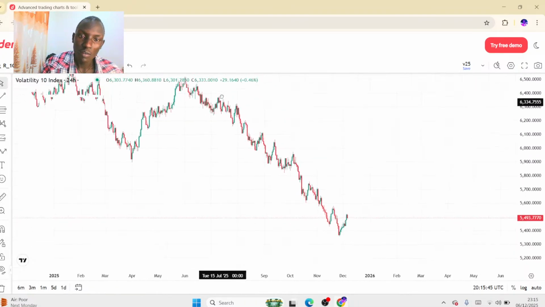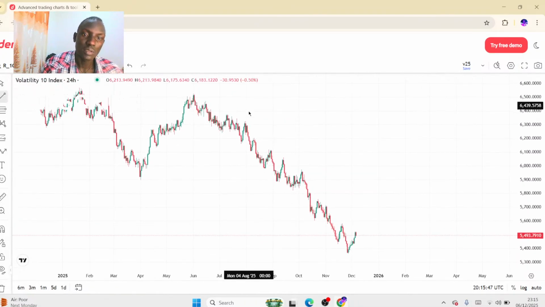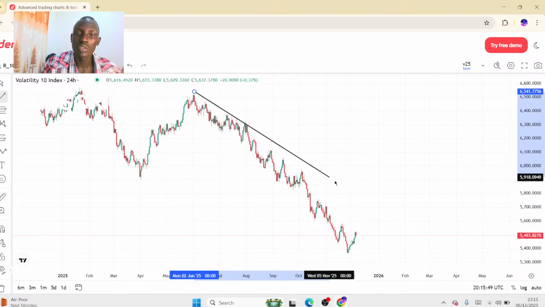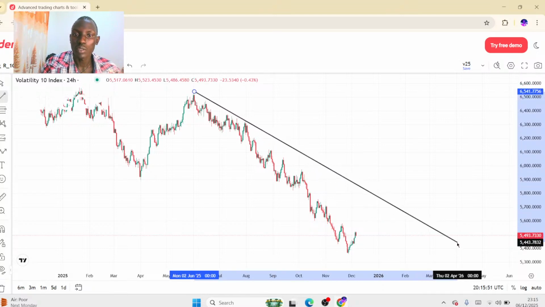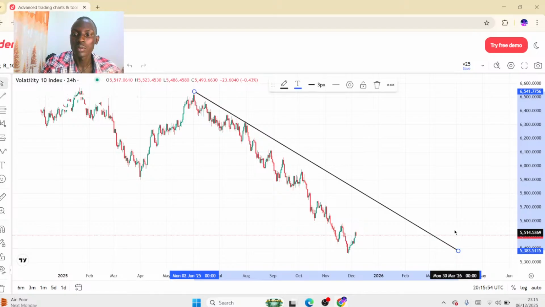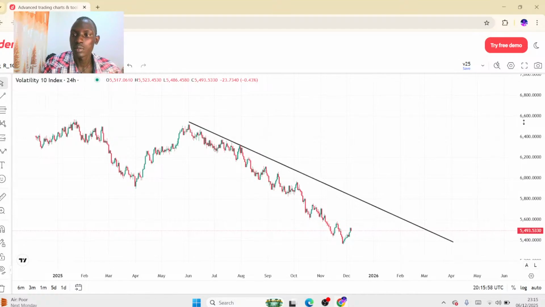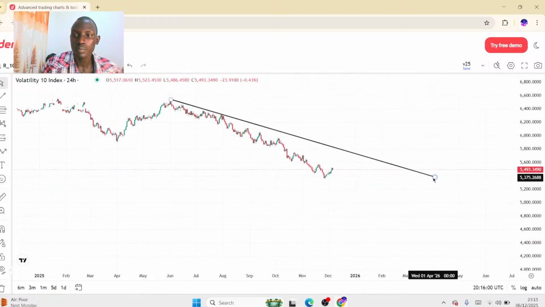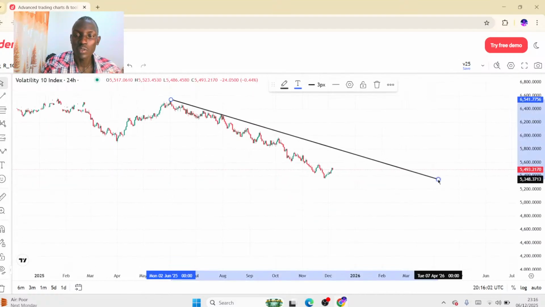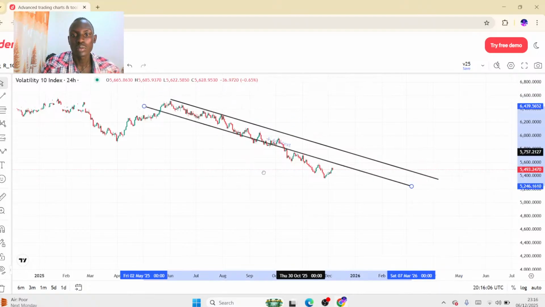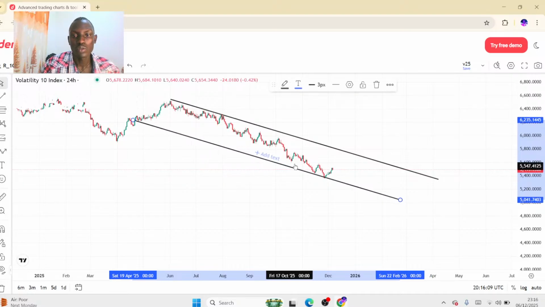Now you have to draw your trend lines. It depends on the strategy you use. Our trend line can be drawn like this. You don't need to force the trend line to touch where it is not supposed to touch.